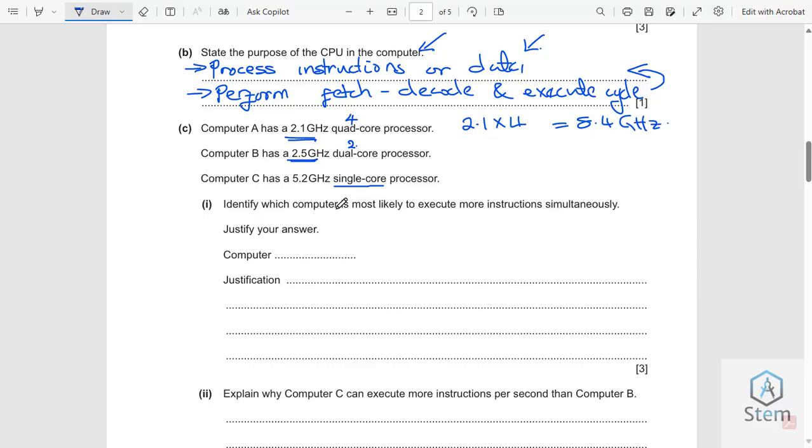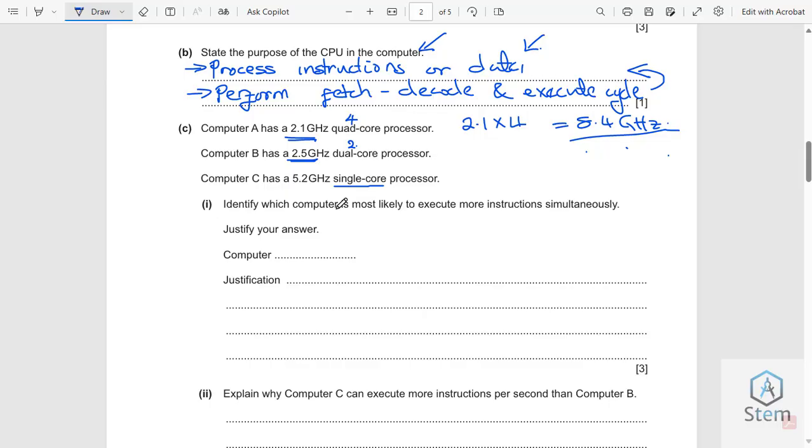So the 4 cores of computer A can process 8,400,000,000 instructions per second. This is the fastest computer.